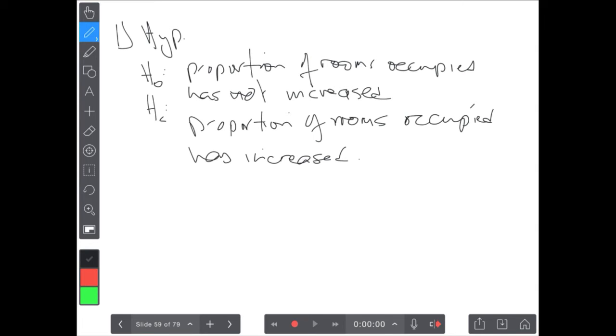Okay? So proportion of rooms occupied has not increased versus the proportion of rooms occupied has increased.